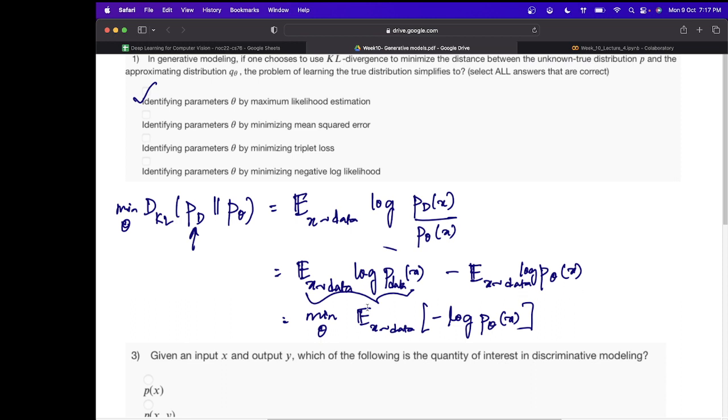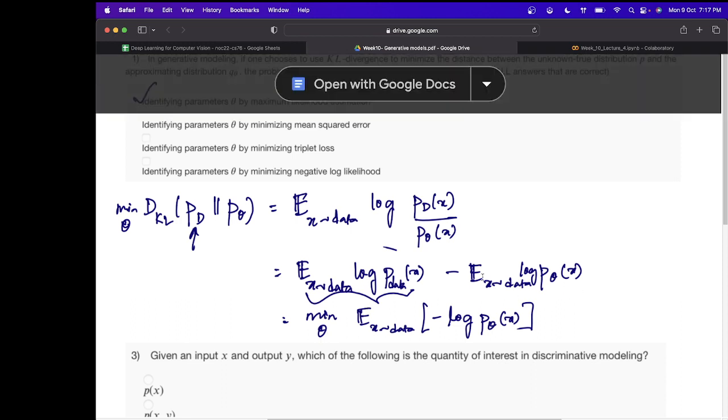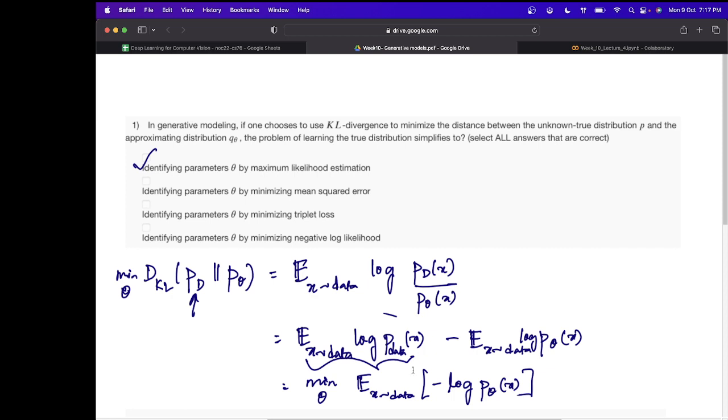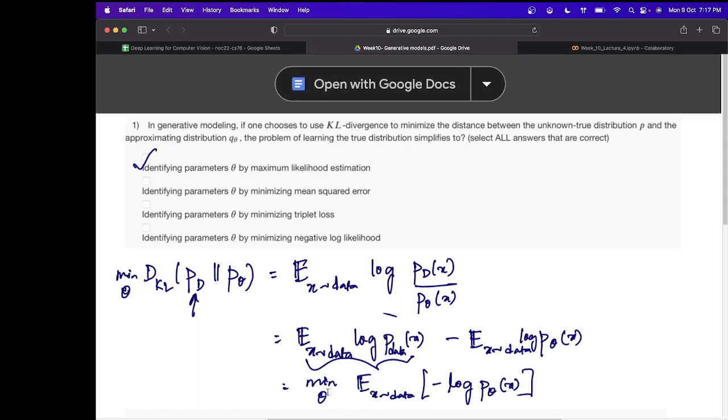Finally it becomes min over theta, with a negative sign outside. Since expectation is a linear operator, it's okay to move this negative sign inside, so it's the expectation of minus log of P theta of x. The point to remember here is that you have a minimization on the outside and a negative on the inside.